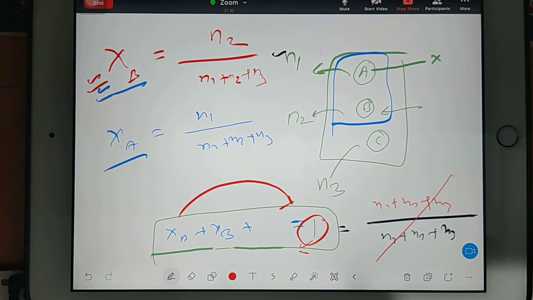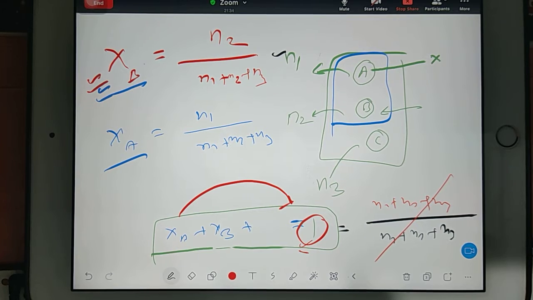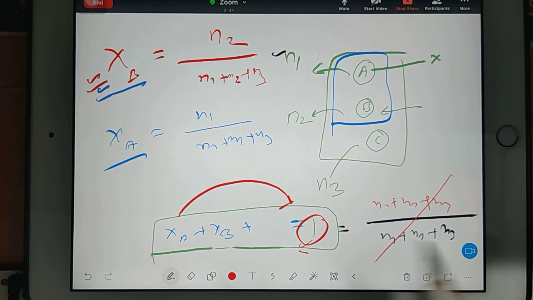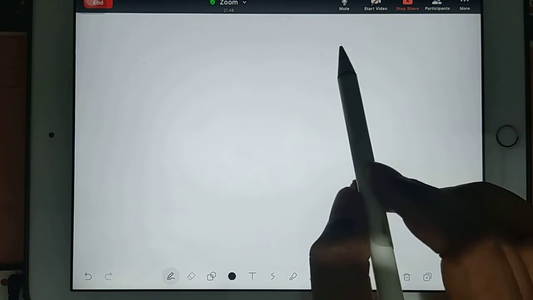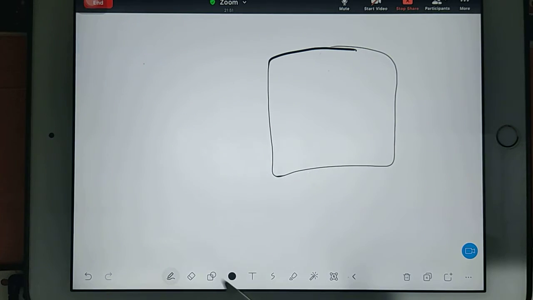So this was about mole fraction and mass fraction. Now let's understand what is partial pressure and what is partial volume. The concept of partial pressure is very important because we are talking about a mixture now. So see, if you have any chamber, and suppose in this chamber 2 different elements are applying pressure.